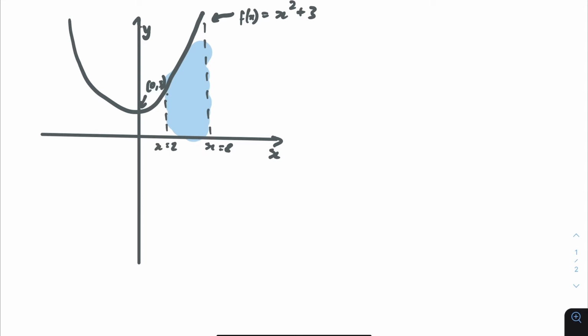So in this case, where you have two bounds on this integral, you would first find the integral of f of x, and then you would do the integral of f of x from the higher bound minus the integral of the lower bound.